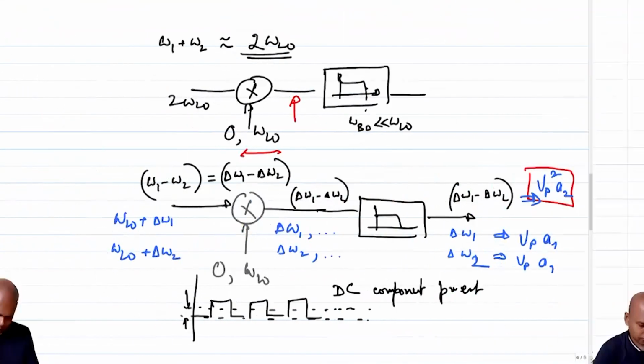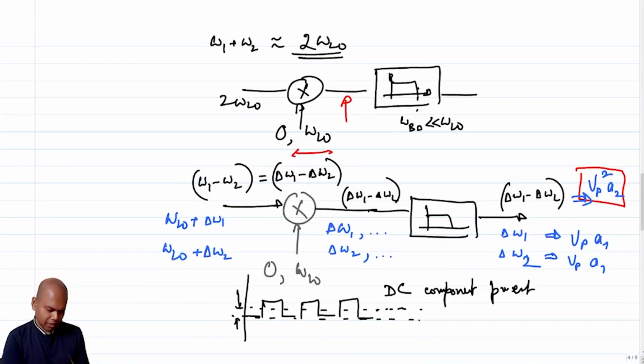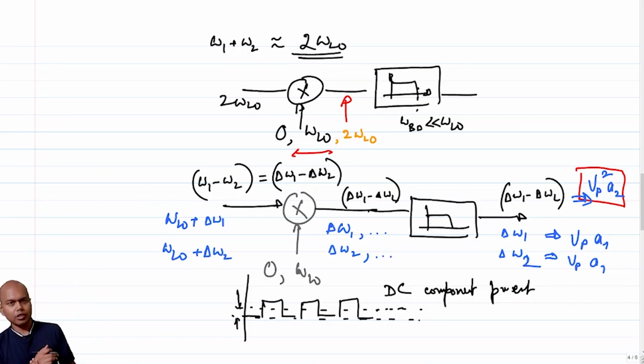Okay. So now let me go back to the part that I did not address immediately. What happens if I assume that this has a 2 omega LO component also, which it can have if it's not a 50% duty cycle, right? Assume this is an illustrative example.